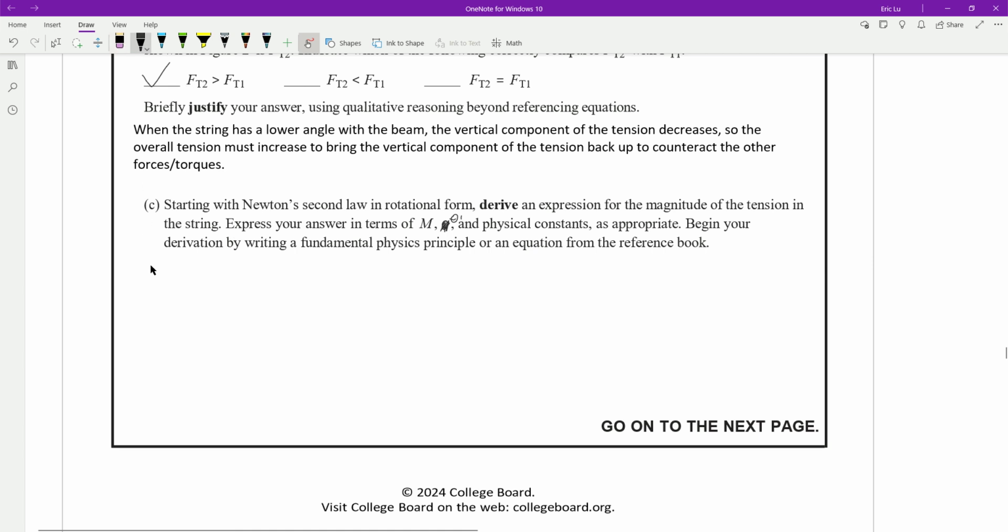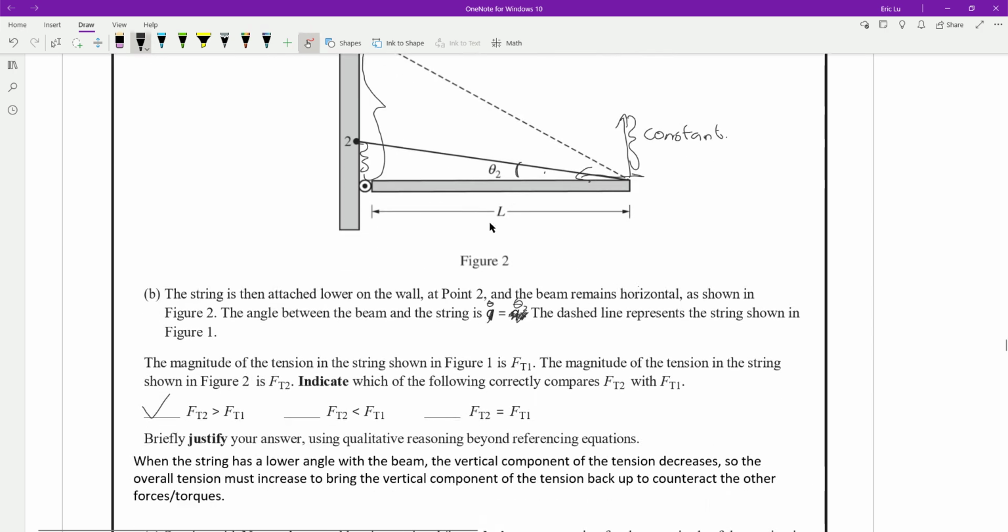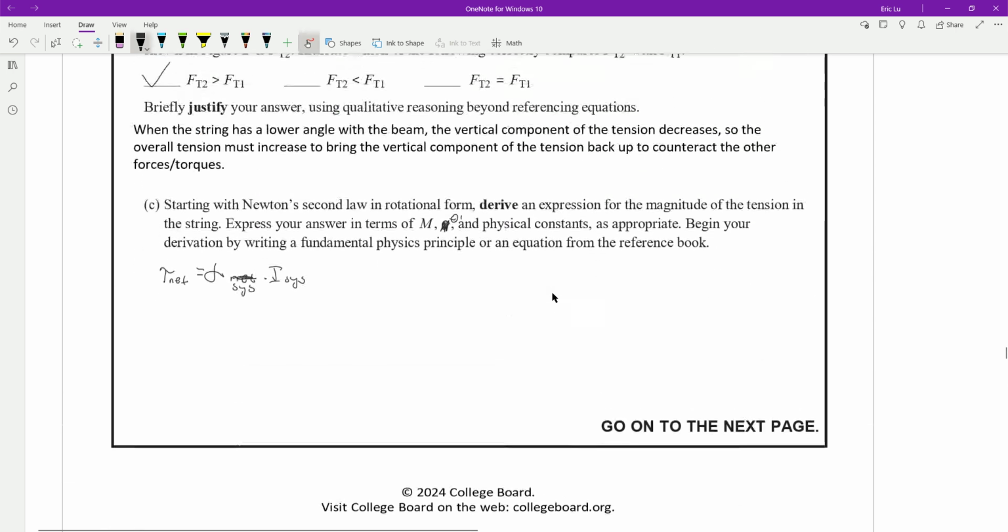Okay, Newton's second law in rotational form states that the net torque is equal to the angular acceleration of the system times the rotational inertia of the system, which is how much it resists torque being applied.